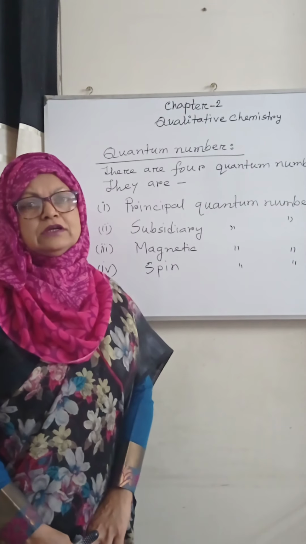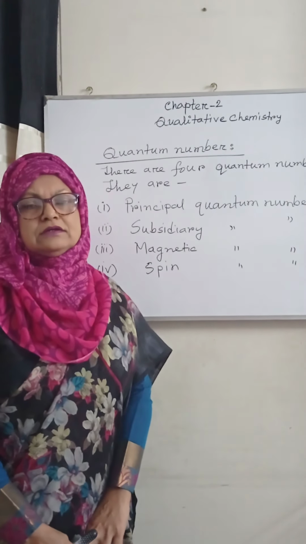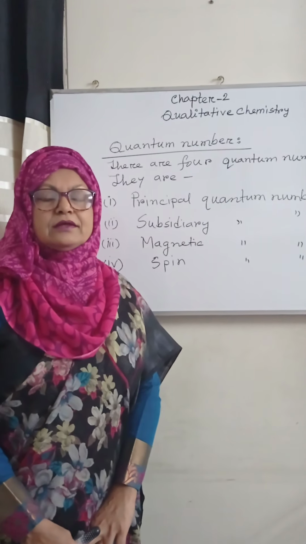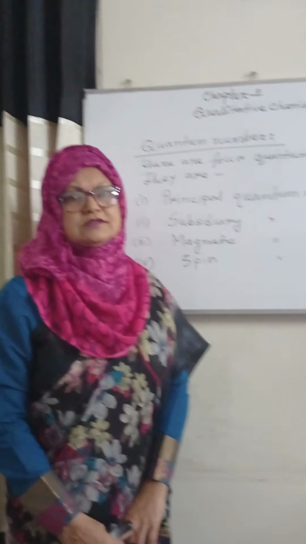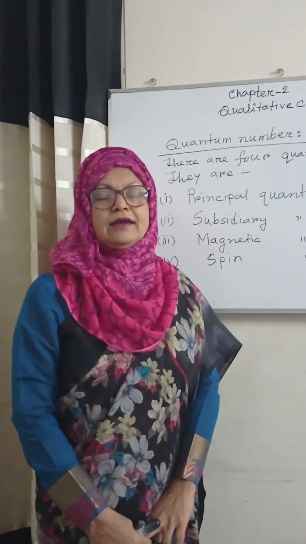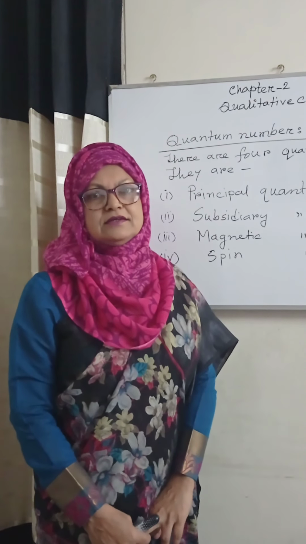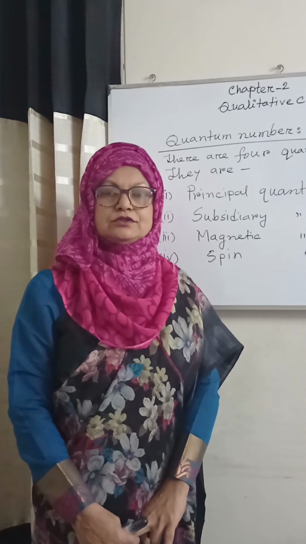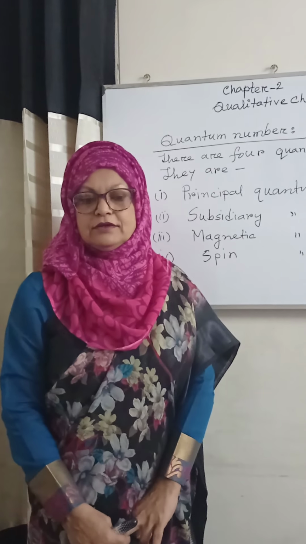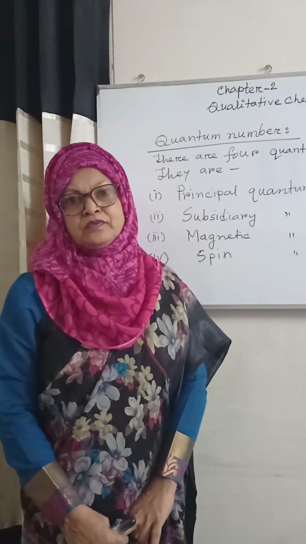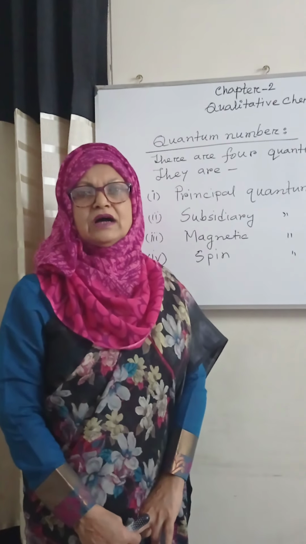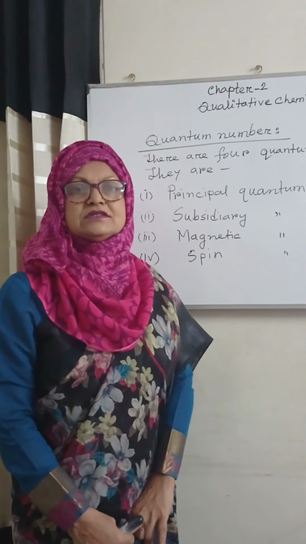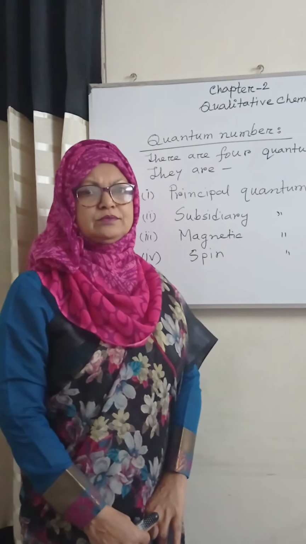Electrons not only revolve around the nucleus, but also spin around their own axis. To know the energy level, size, shape and direction where electrons can revolve in an atom, some numbers are necessary. These numbers are called quantum numbers.